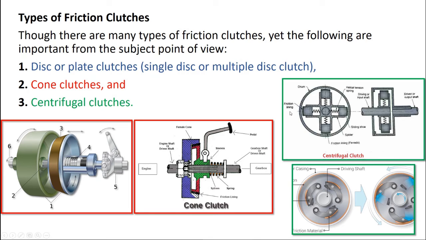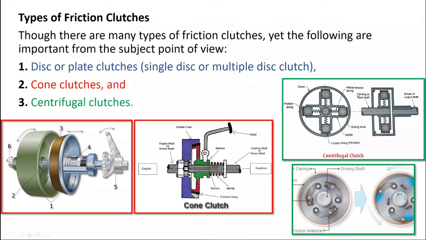So what happens in a centrifugal clutch? When the speed of rotation is high, the tendency of these shoes, which are mounted by spring, is to expand. When this entire thing moves at very high speed, due to centrifugal force, it will try to expand.